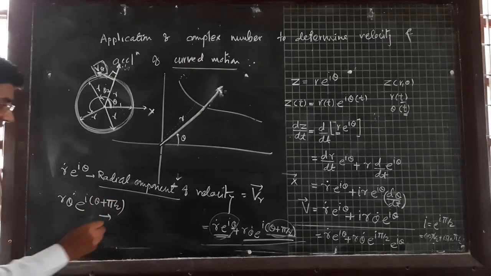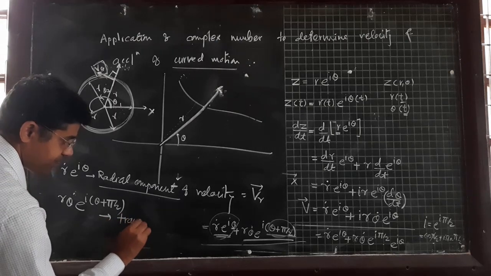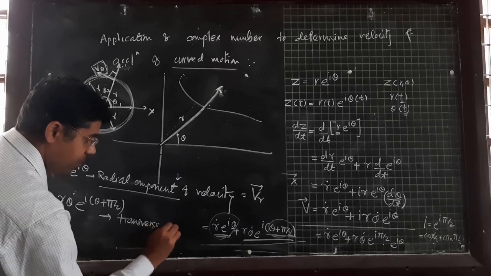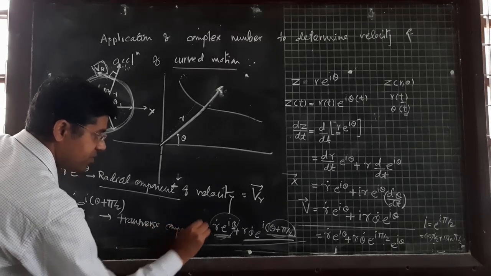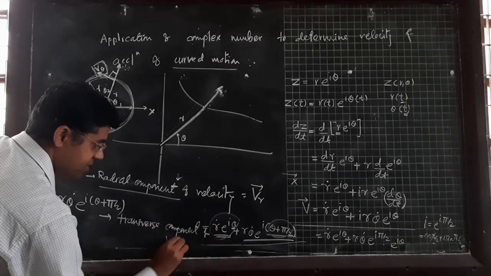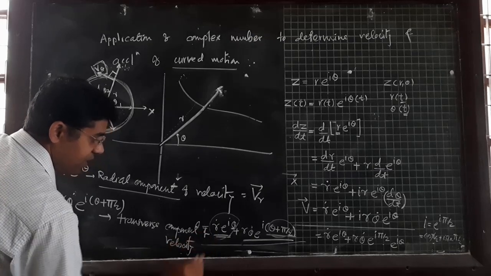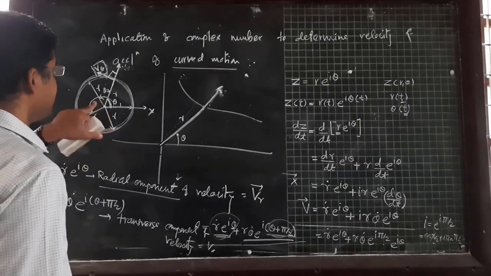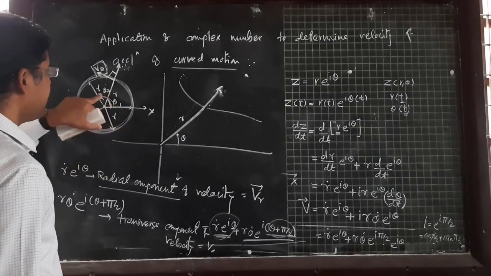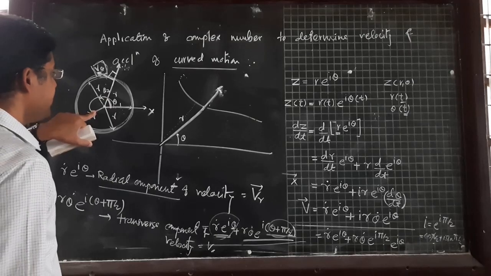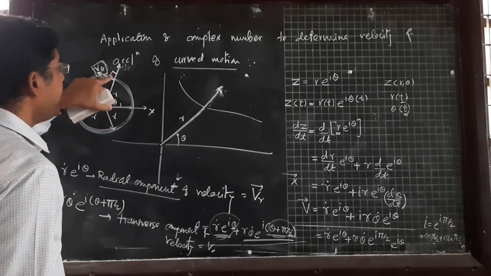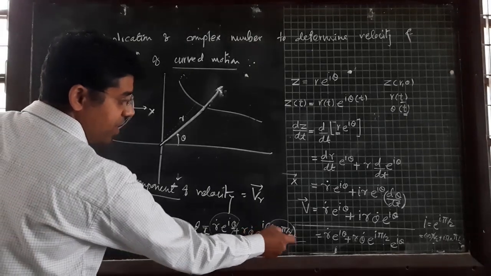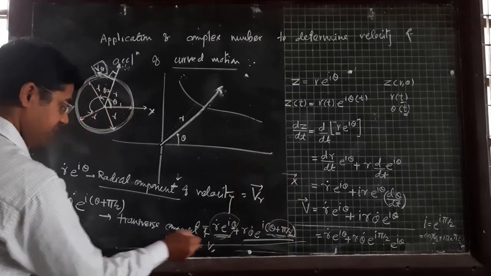Okay, this is called the transverse component of velocity, and that is called, suppose, v theta. Okay, so it is increasing in the direction of changing theta, meaning increasing the angle of theta, and perpendicular to your radial component. That's why we have written theta plus pi by 2. So this is your transverse component.